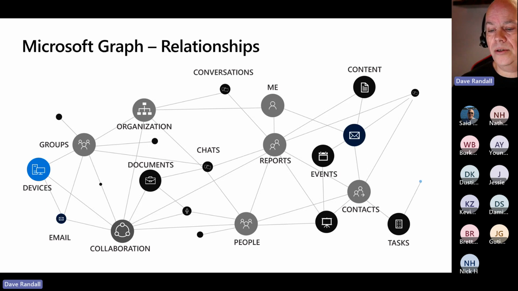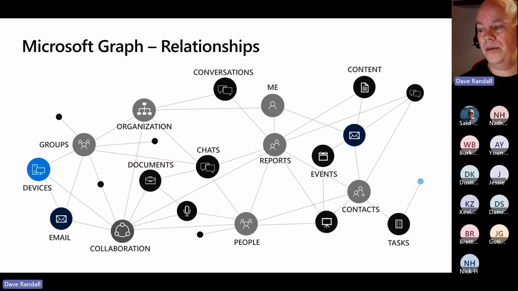Those are tied to other pieces of information that represent activity that's happening on a regular basis, email that's being sent around, or chats that are happening. And so all of these different pieces of information are organized in the Microsoft Graph in such a way that you can traverse across and understand, for example, which devices were associated with a particular user and which chats were going on with that particular user.